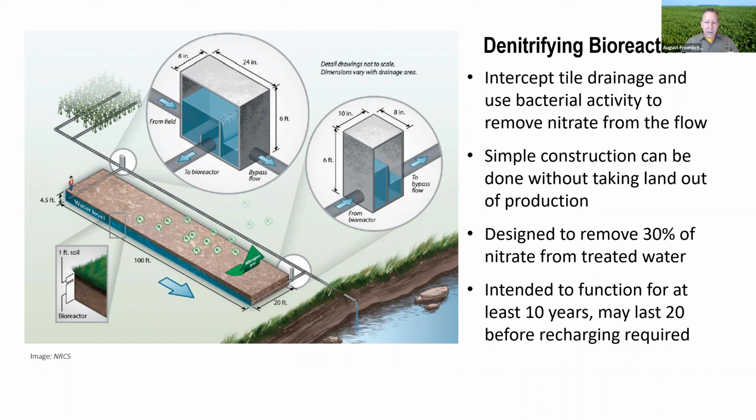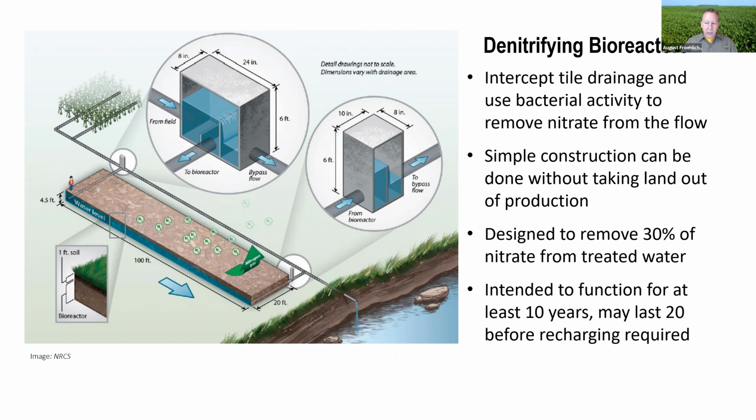And you'll be able to get a pretty good handle on how much nitrate is processed by the bacteria that thrive in the anoxic conditions of the bioreactor bed. Basically, the bacteria transform the nitrate into nitrous oxide, a gas, which is then vented off.